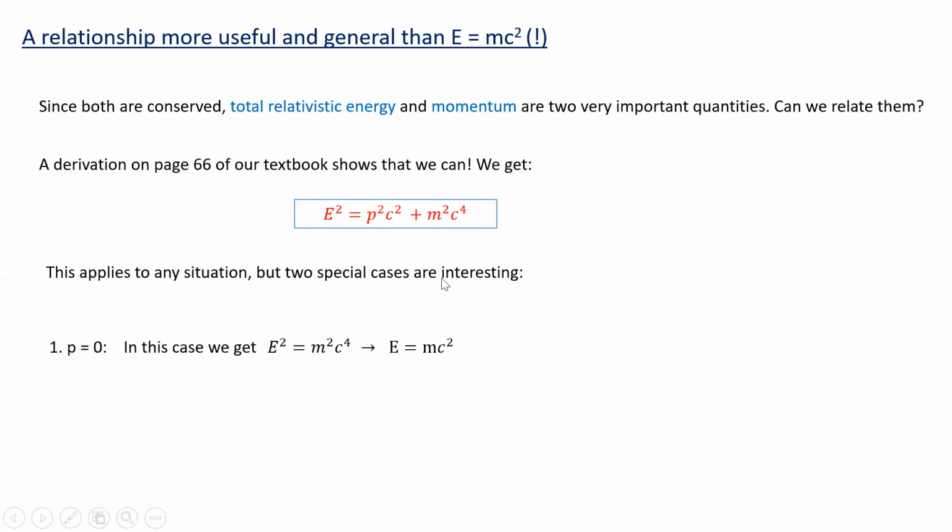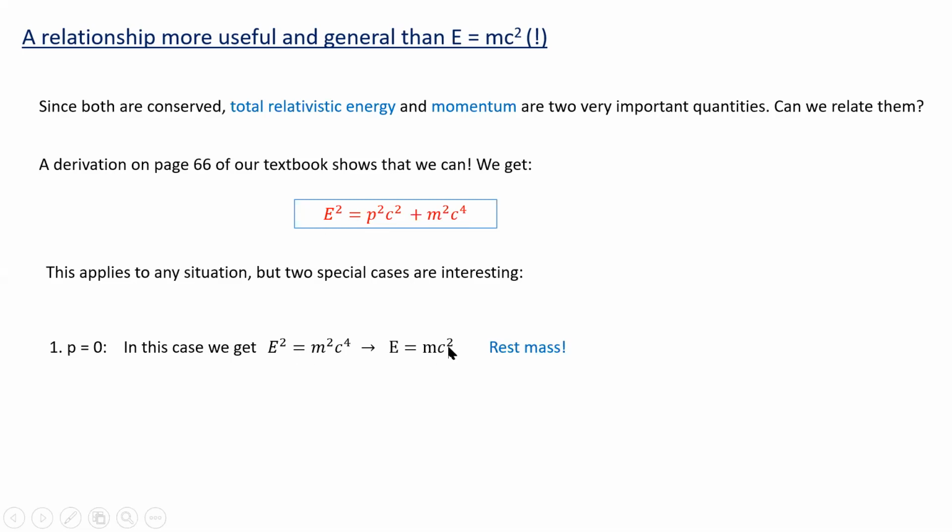The first is when P is equal to 0, when the momentum is equal to 0. In that case, the object is at rest since its linear momentum is 0, so we have E squared is equal to M squared c to the fourth, or taking the square root, E is equal to Mc squared.